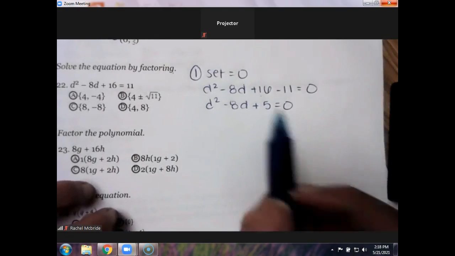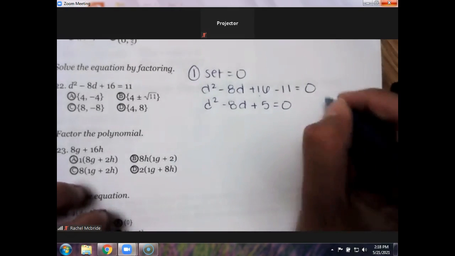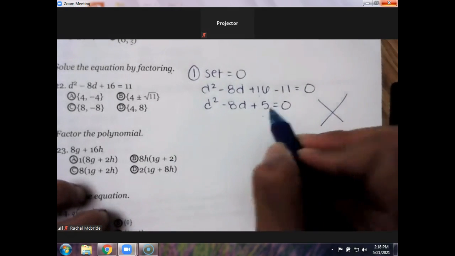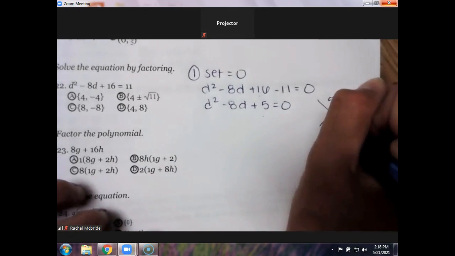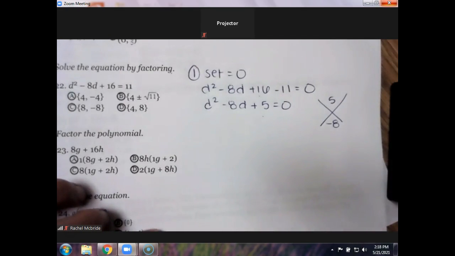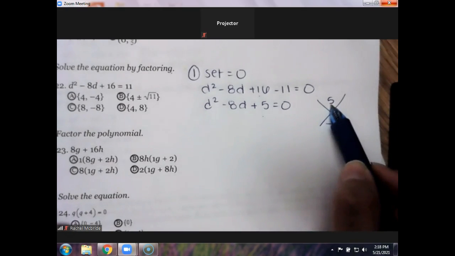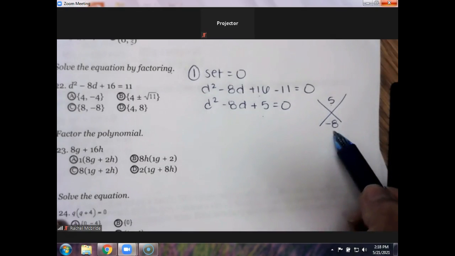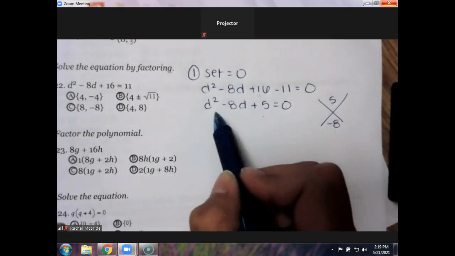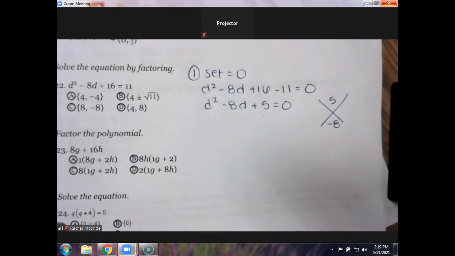And then since this has a 1 in front, you can do your magic x, and it's factors of 5 that add to negative 8. So in this case, since there are no factors of 5 that add to negative 8, that tells me that it is not factorable. So you're going to do quadratic formula.